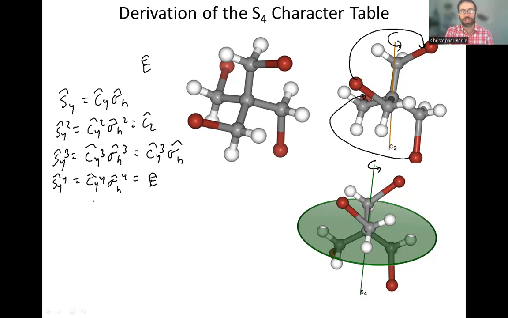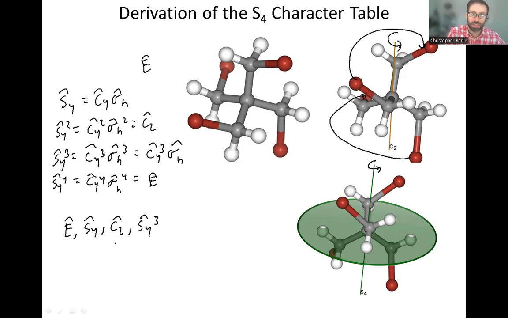So S4 four times isn't unique, you're back to identity. And it turns out that these four symmetry operations, E, C2, S4, and S4 three times, are the only symmetry operations in the S4 point group. And these symmetry operations are all in their own class.